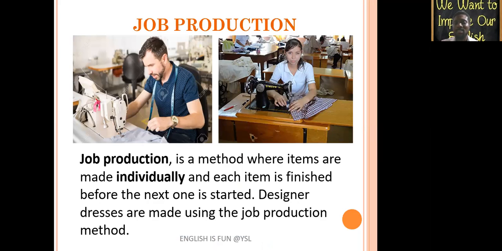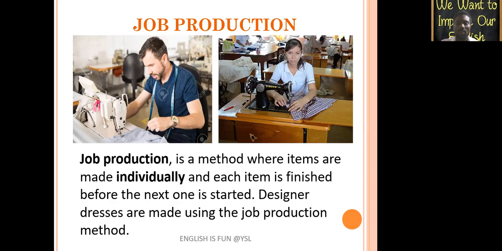productions. Okay. So in this sense, you can see a tailor or stitcher making a hair product, job in this sense, right? In job production, it's all about making an item before another one is being made.